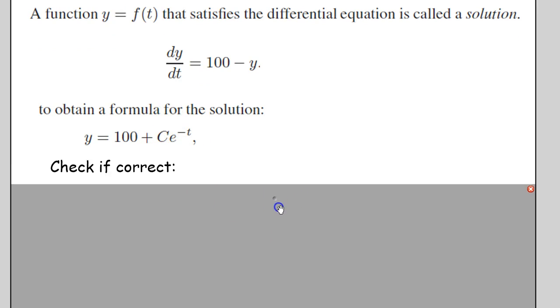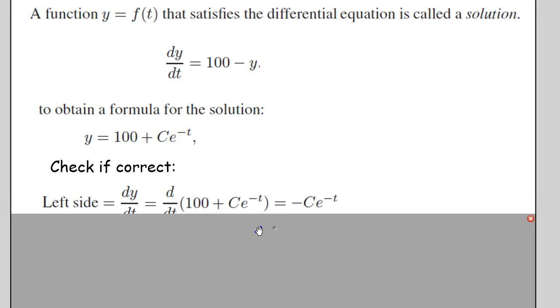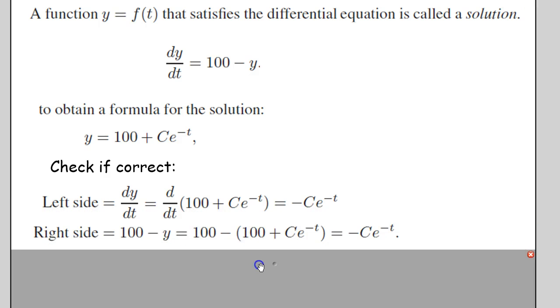Okay, how do we know if this is a correct solution? If it's a correct solution, then if I take dy/dt, I should get the same as when I take the right side. So dy/dt would be the derivative of this suggested solution, and we get negative Ce^(-t).